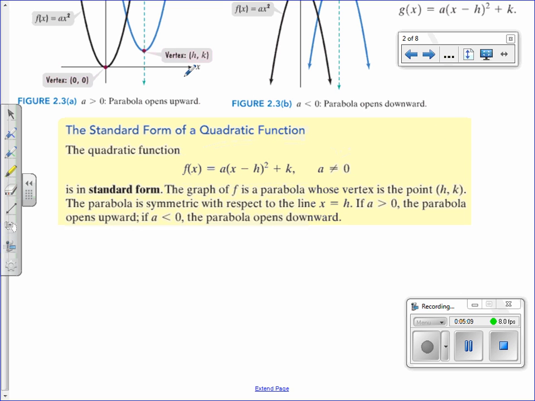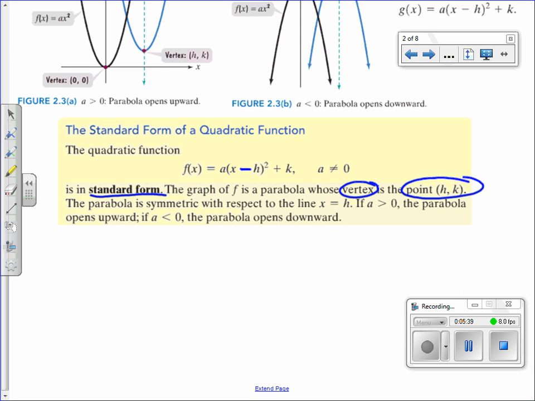So we call that the standard form. And so the vertex is going to be the point (h, k). Now, just like we know that horizontal shifting or translations are counterintuitive, when we get to the vertex, we're also going to consider that. And keep in mind that the standard form has a negative already in it. So that's another reason why we will consider the opposite number while finding the vertex.